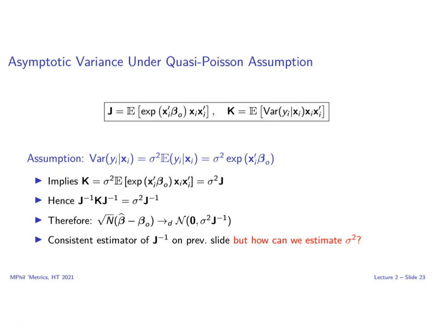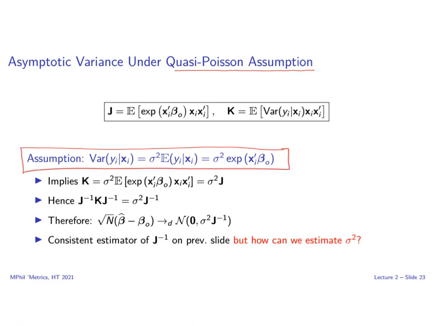Now let's explore the consequences of a weaker assumption, namely the quasi-Poisson variance assumption. Here we will assume that the variance of y given x is equal to sigma squared times the expectation of y given x, and we have assumed throughout this lecture that that conditional expectation equals e to the x prime beta naught.